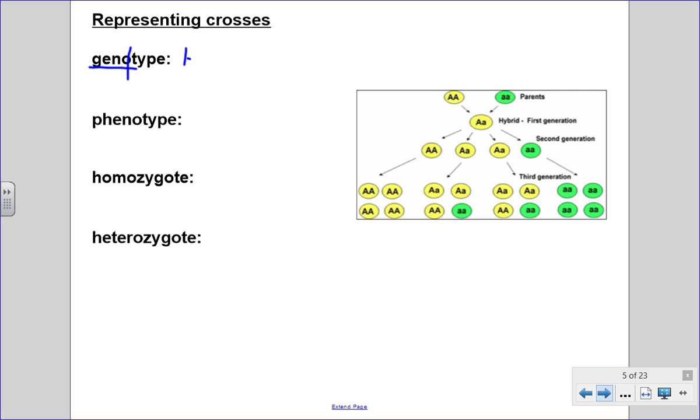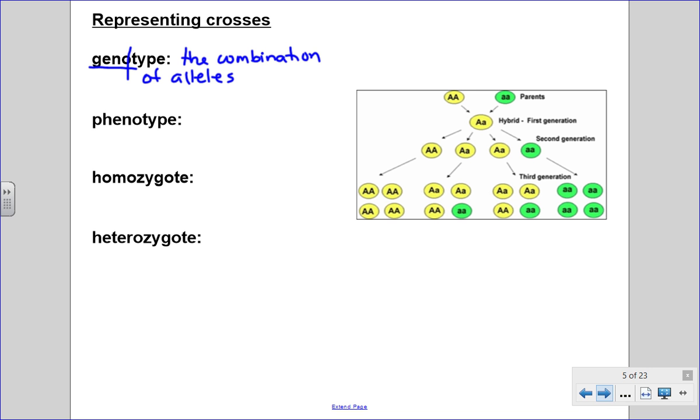Genotype is the combination of alleles. So if I were to ask you, what is this individual's genotype, I don't want to know what they look like. I want to know which 2 copies of the gene do they have, which 2 alleles do they have.